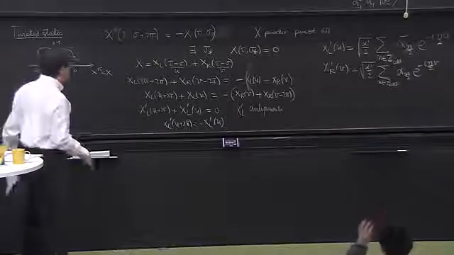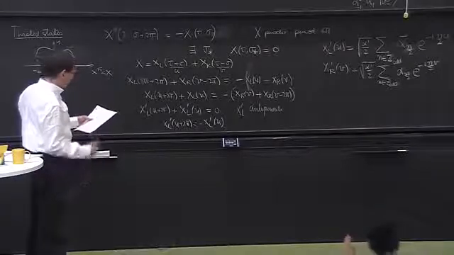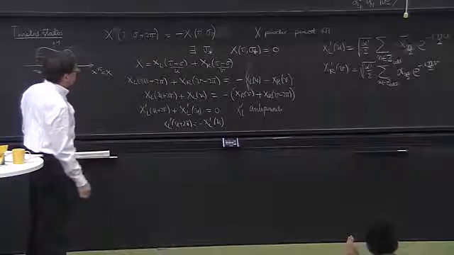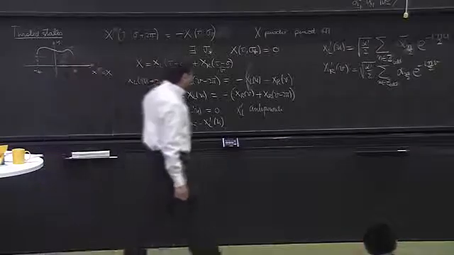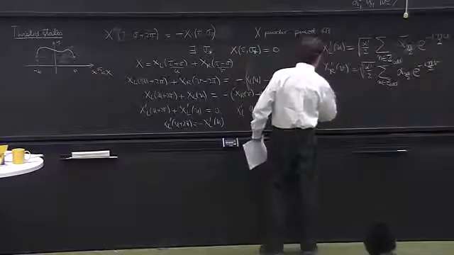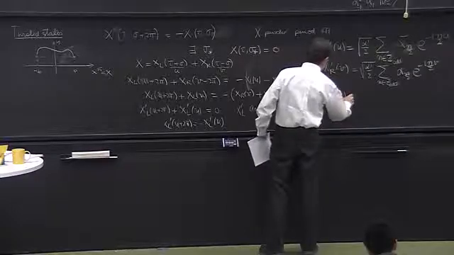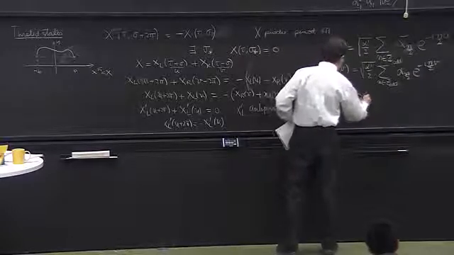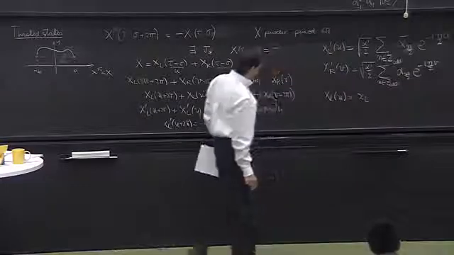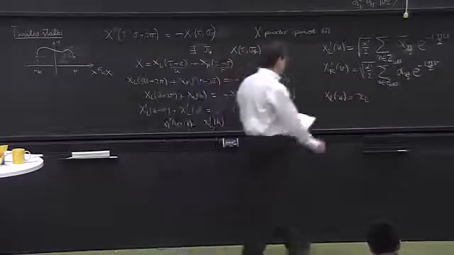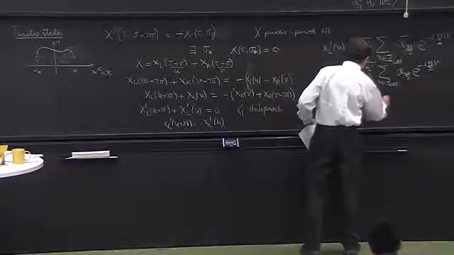Now, if I integrate this, I would have x_L of u equals some little x_L, because that drops out of the sigma derivative, plus oscillators.